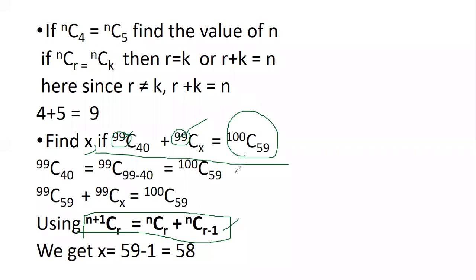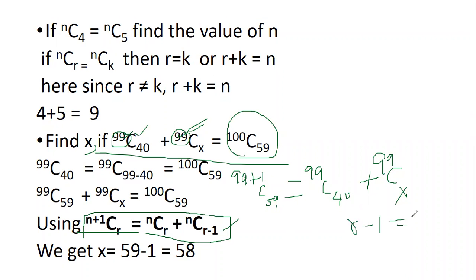First you have 100C59, which I write as 99 plus 1 C59, is equal to nCr, which is 99C40, plus the next part, nC(r minus 1), which is 99Cx. So you can say r minus 1 is equal to x.